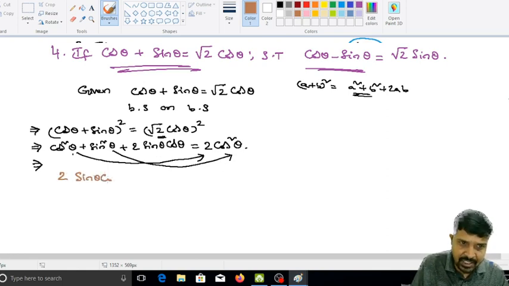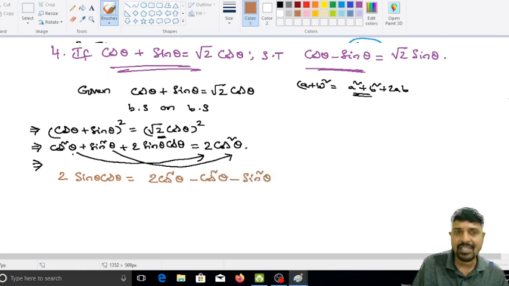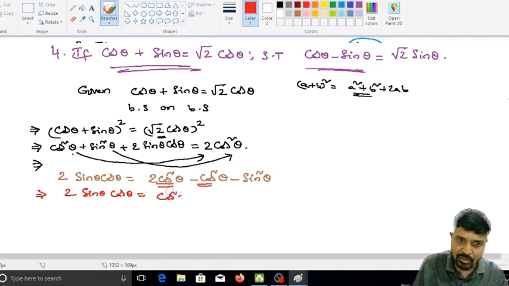2 sin theta cos theta is equal to 2 cos square theta minus cos square theta minus sin square theta. Okay, tell me the next step. 2 sin theta cos theta is equal to 2 cos square theta minus cos square theta is going to become cos square theta minus sin square theta.